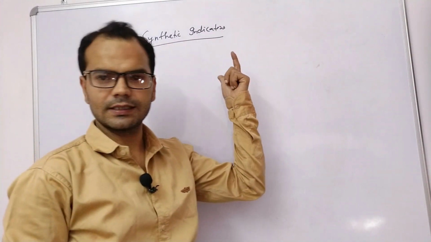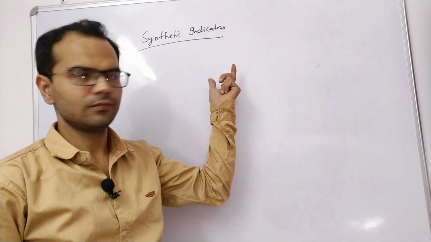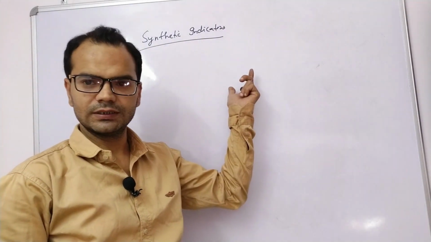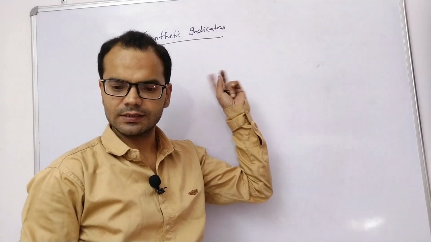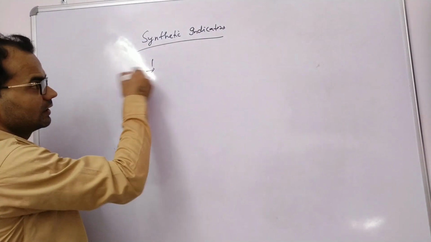Synthetic indicators, as the name indicates, are chemicals or substances synthesized in a lab. They are man-made chemicals to identify the acidic or basic nature of substances. Clear? There are two major synthetic indicators.